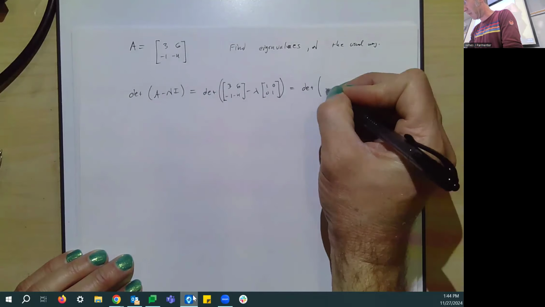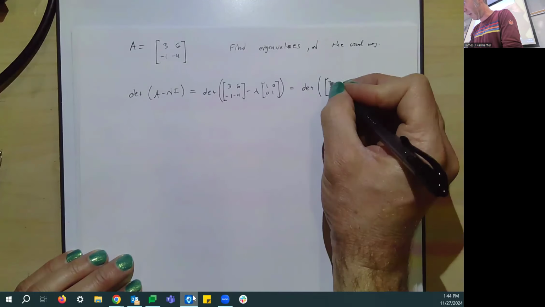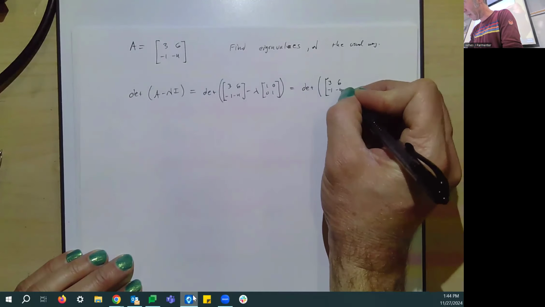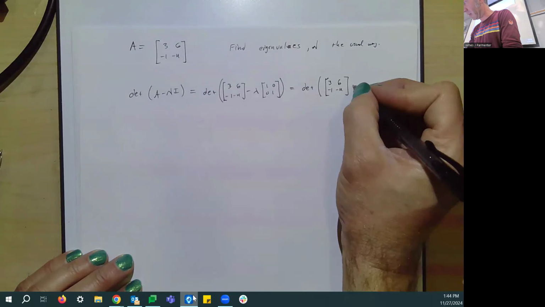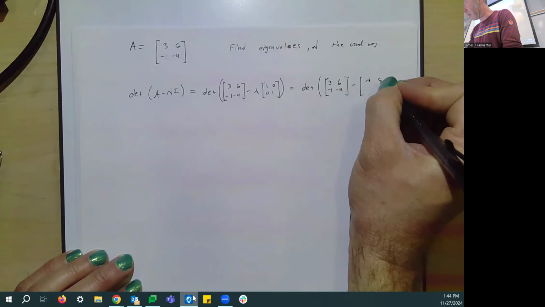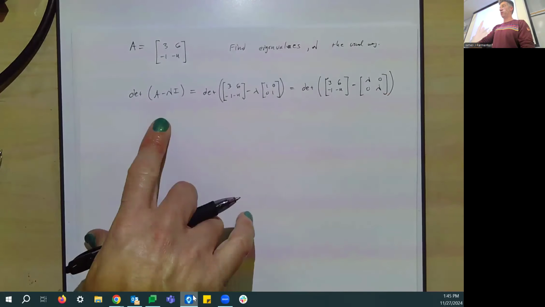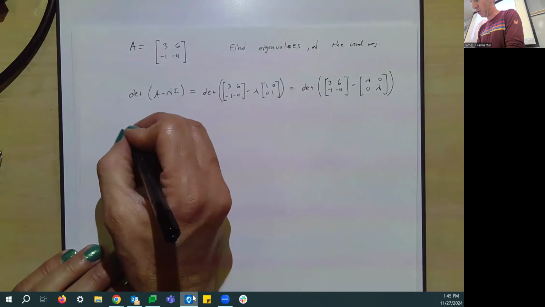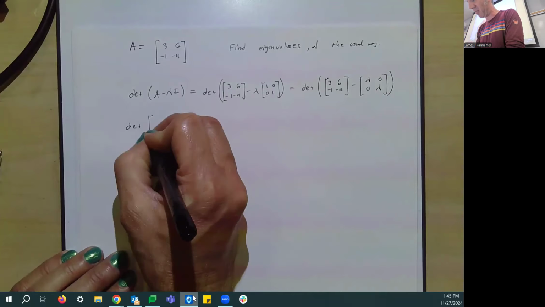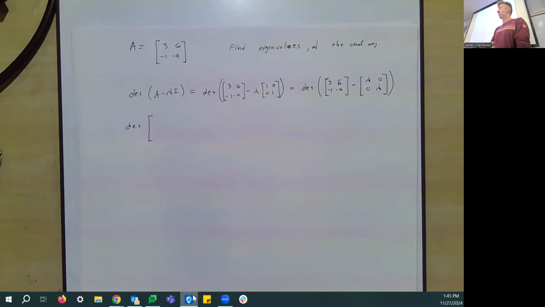You could even imagine this as the determinant of our matrix A, and then distribute the lambda to each of those and get lambda 0, 0, lambda. But what you should really start off with after you write determinant of A minus lambda I is just, in each of the diagonal spots, subtract lambda.